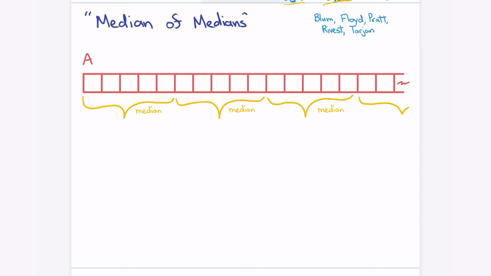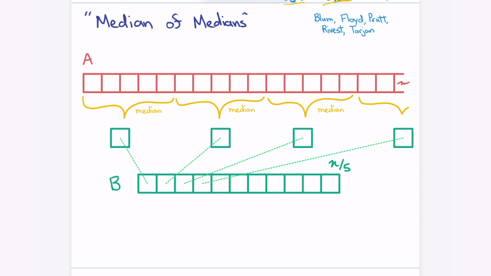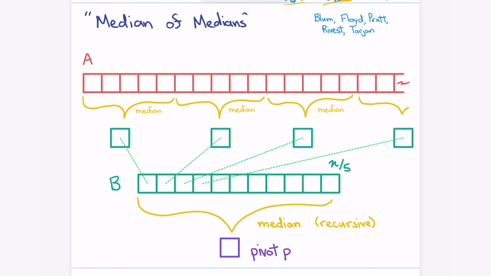Okay, so I'm going to take all these little medians and then collect them into an array, again 20% the size of the original one. But they're a little more selective than before. And then I'm going to get the median recursively of this set.